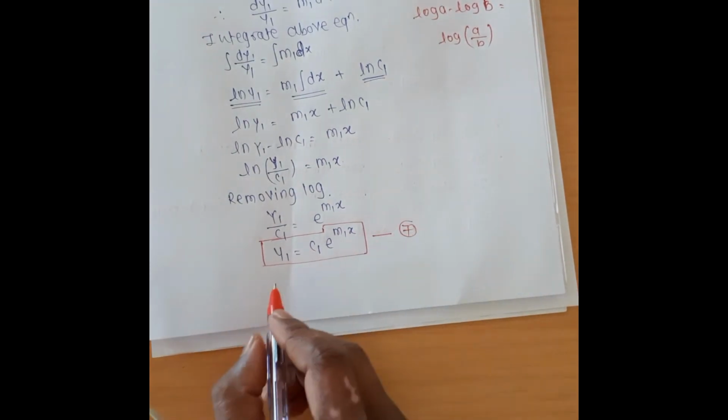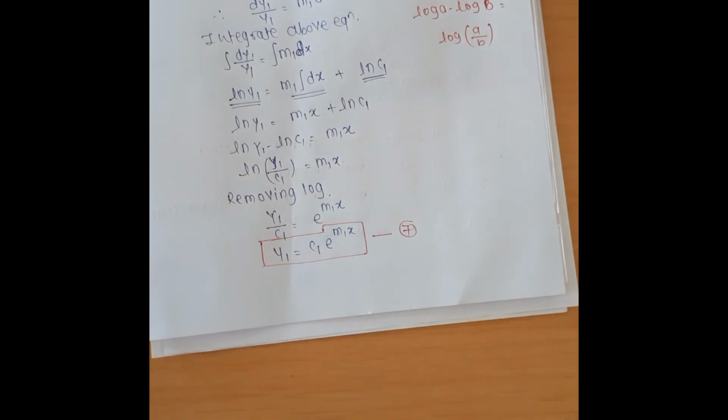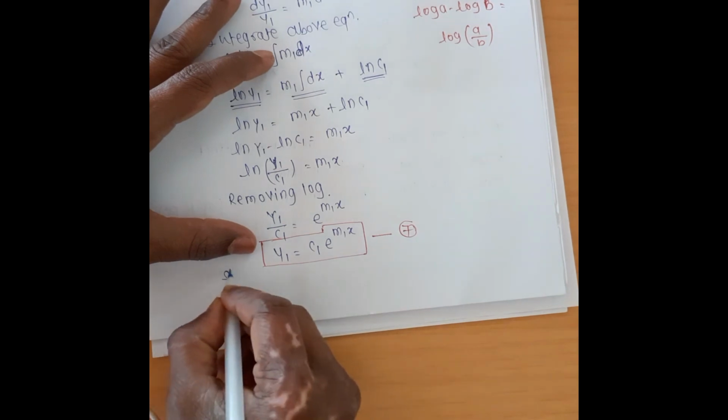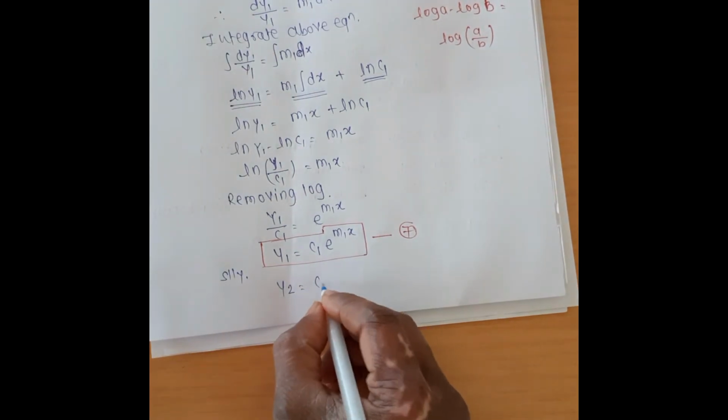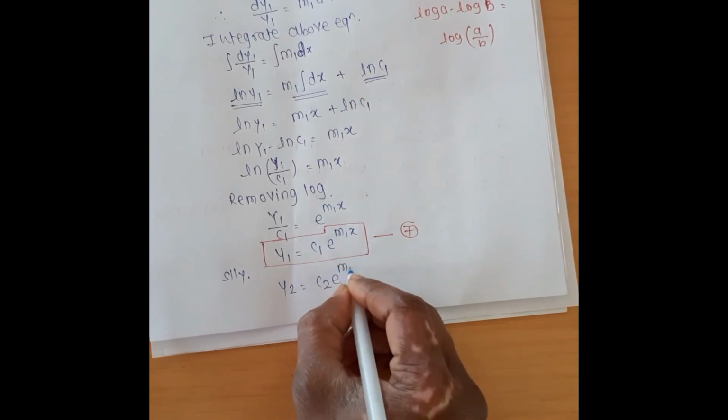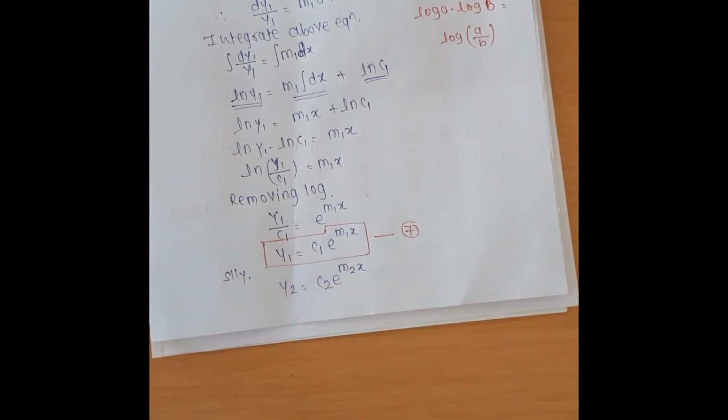This is equation number 7. Similarly, y2 is equal to c2 e raised to m2x.